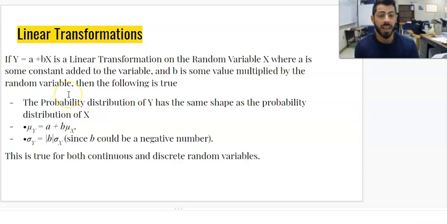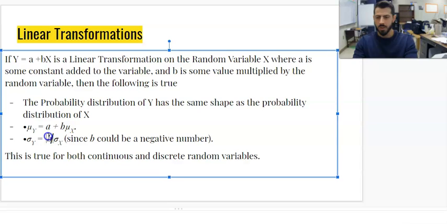Now, the complicated way of saying that, which I saved to the end, is basically that if you're going to perform a linear transformation, which means if you're going to multiply or add, whatever you're adding or multiplying your distribution by, you need to also do to the mean. That's what this fancy lettering says. This part says if you're adding or multiplying your distribution by some numbers, you don't need to worry about whatever you add for the spread, but you do need to worry about whatever you're multiplying by.